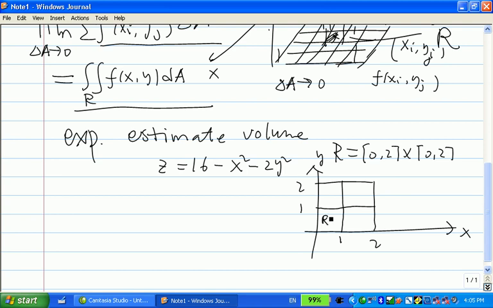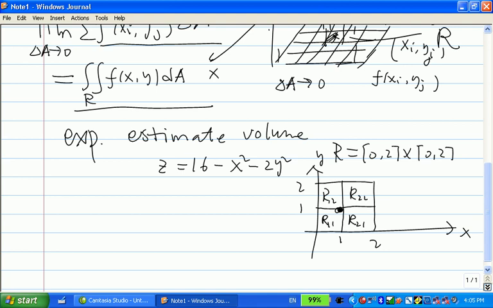We call these R11, R21, R12, R22. Imagine you have a surface above these squares. In R11, you go up and have a surface above that. For R11, we use the upper right corner, use the function value there as a height, then you make a rectangular box.